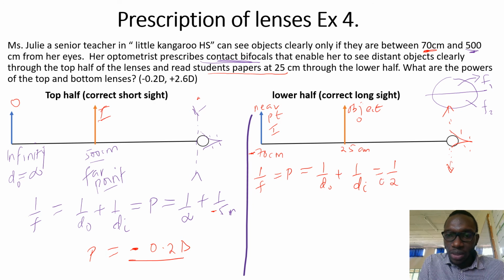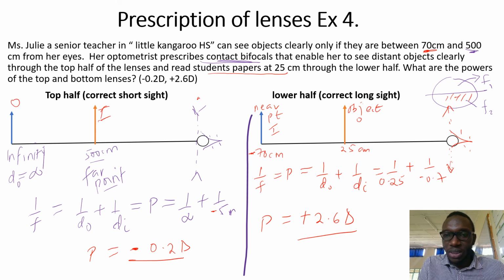Now you write 0.25 plus 1 over negative 0.7. So this gives us power as positive 2.6 D. We have a positive, meaning that this lower half of the lens is a converging lens with a power of 2.6 D.